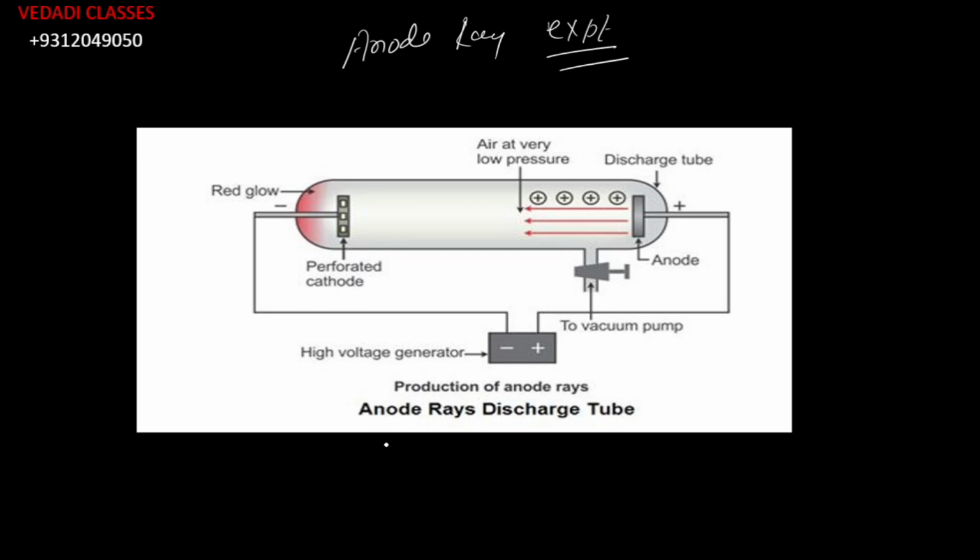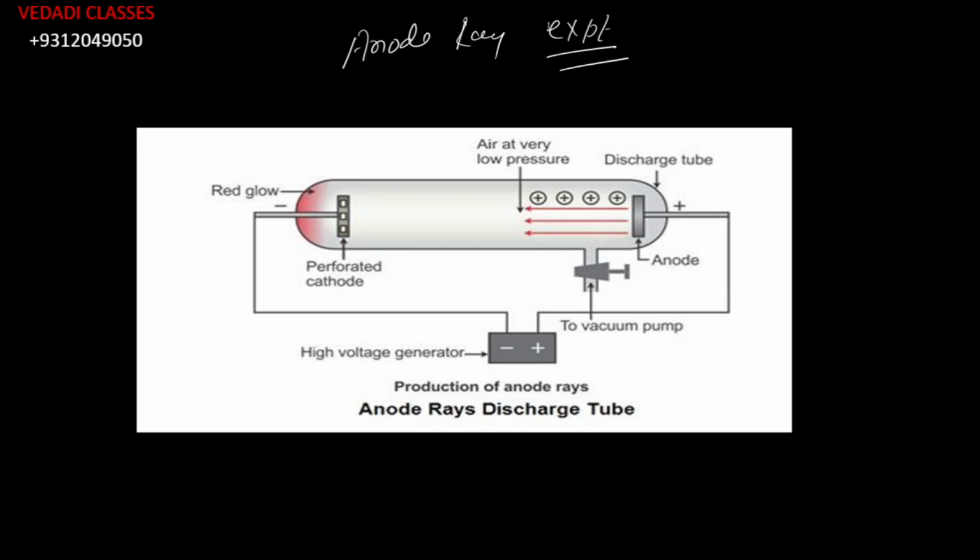Now this time we take the anode ray setup. This is a perforated cathode having some holes, and then the anode.